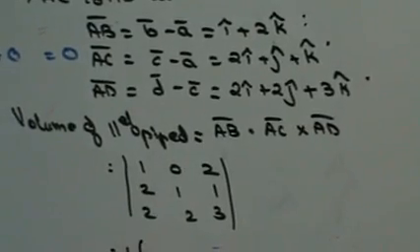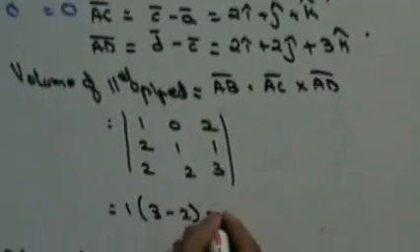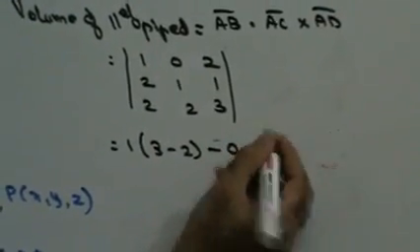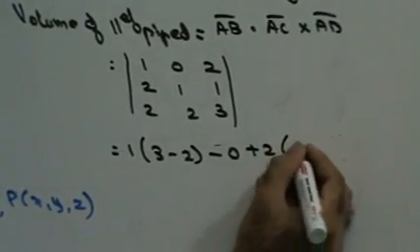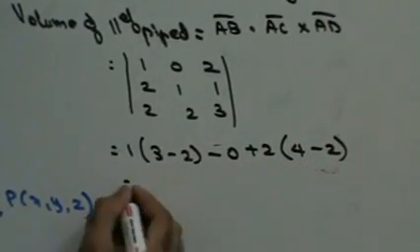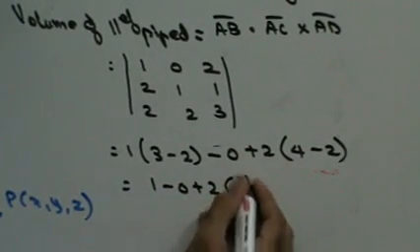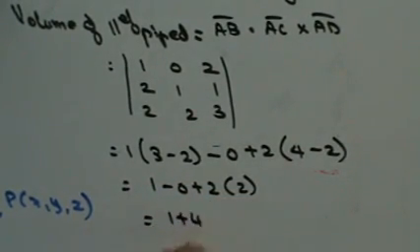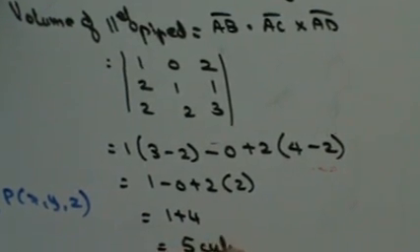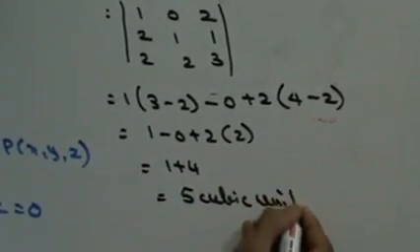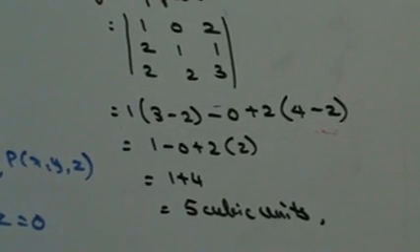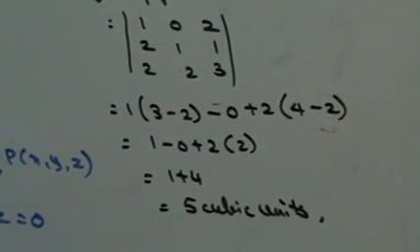Right? Now let's find this out. This can be written as 1 (3 minus 2 minus 0) plus 2 (4 minus 2). So this is 1 minus 0 plus 2 into 2, 1 plus 4, 5 cubic units. So the volume of the parallelepiped is going to be 5 cubic units.